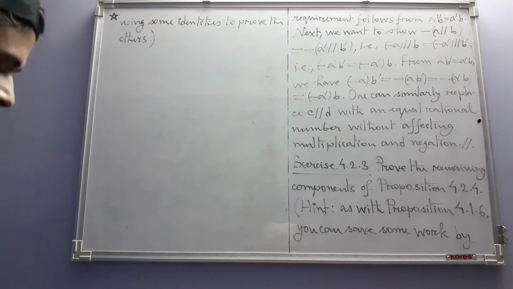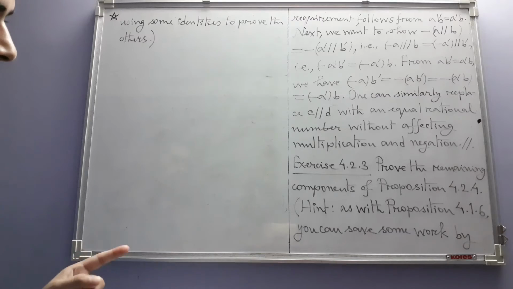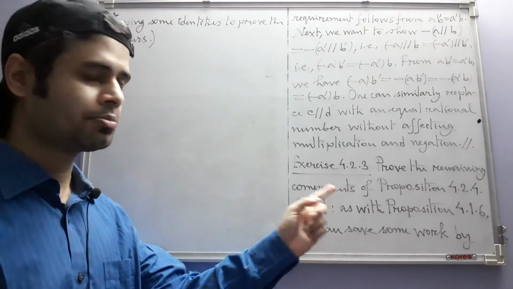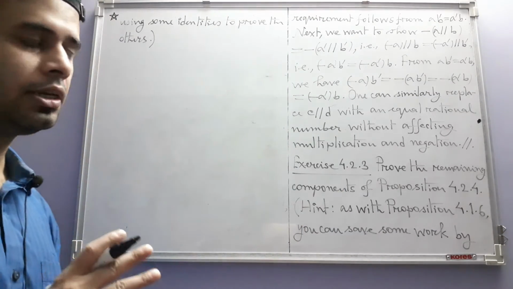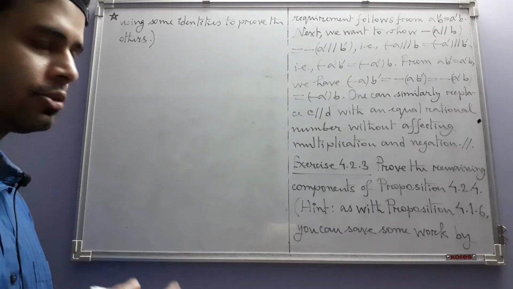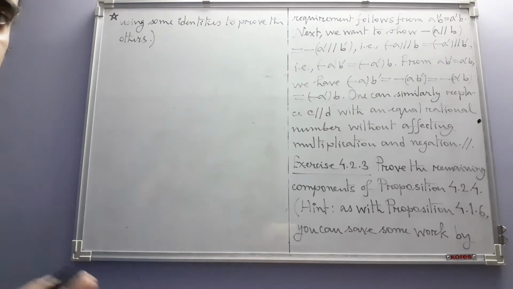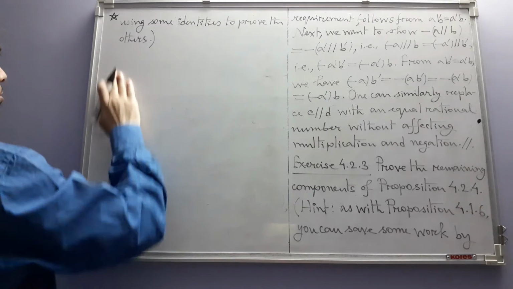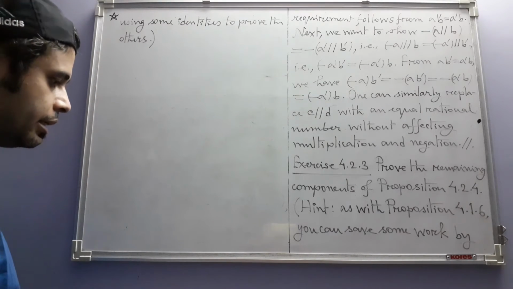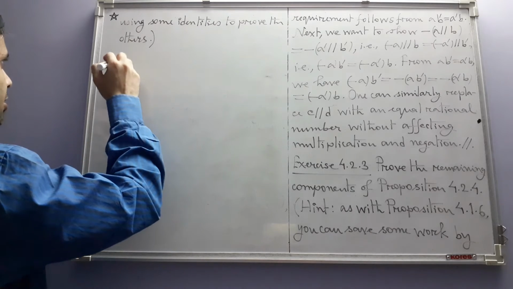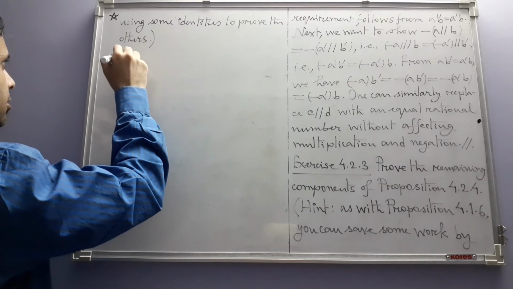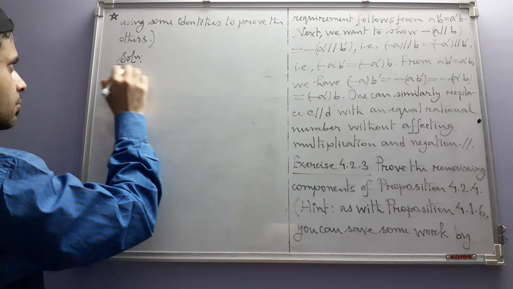So what I remember from the incomplete proof of this proposition 4.4, there we have only proved the associativity of addition. All the other things we have to prove. So since we are going to need three rational numbers, we can start by considering them.